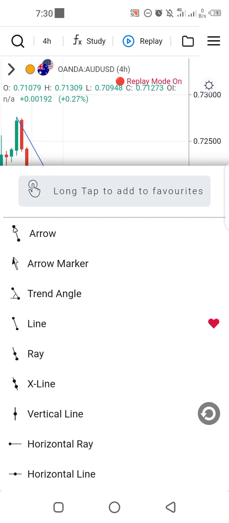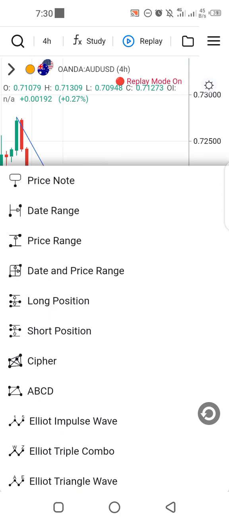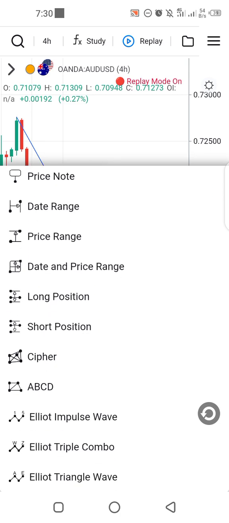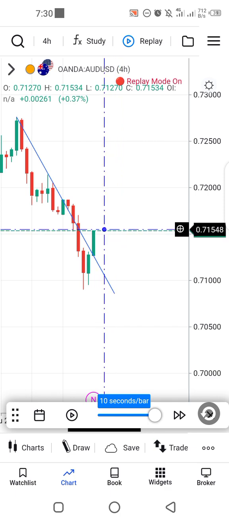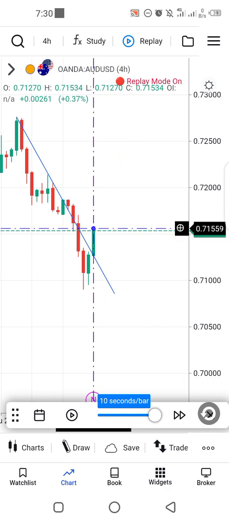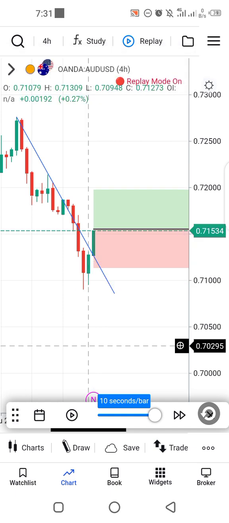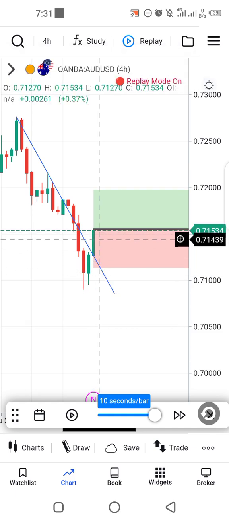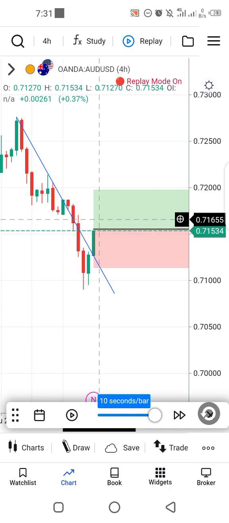Now let me enter a buy. The thing now is that this trade that I'm entering, I'll put my buy stop somewhere above here, so that I will know that if this trade will move in my favor, it will first of all break the high of this candle before moving in my favor.